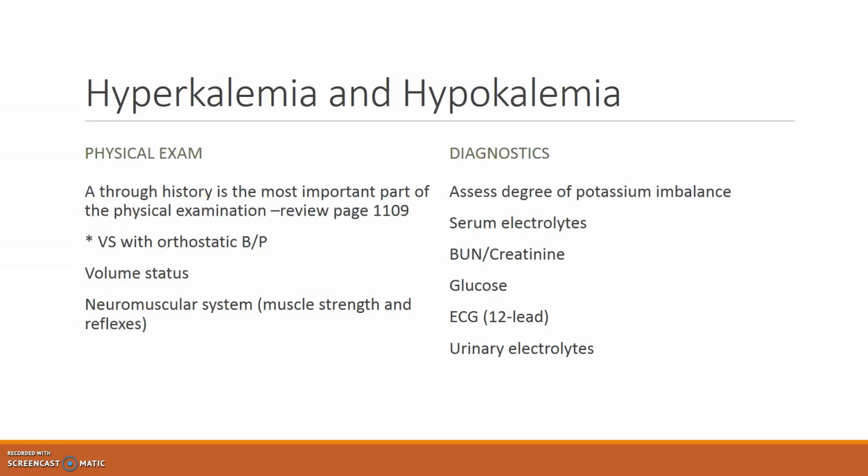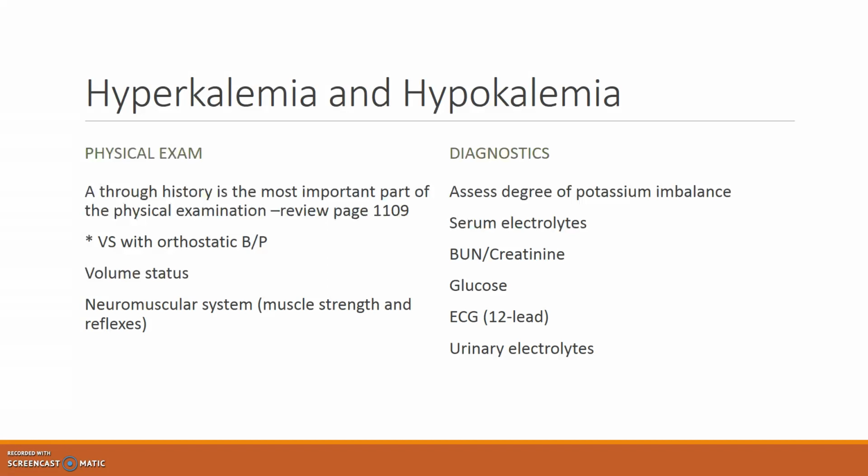Physical exam, the most important part is a thorough history prior to the physical exam. I say this almost in every lecture, 85% of what we do is a history, and then the physical exam takes about 15% or less of our time. Be sure that vital signs include orthostatic blood pressure assessment, volume status, and the neuromuscular system has to be thoroughly assessed, including muscle strength and reflexes.